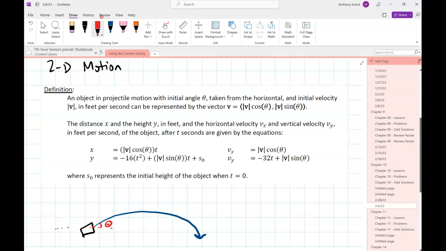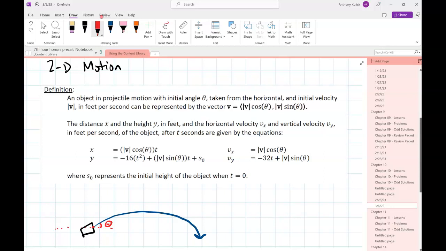Below 90. Yeah, they have to be acute angles between 0 and 90 degrees, right? If you fire it at exactly 90, it's just one-dimensional motion again, straight up and down. Or if you fire it at 0 degrees, it'll be just, again, one-dimensional motion. It'll just be horizontal.